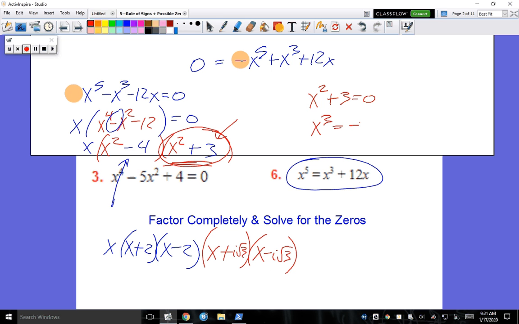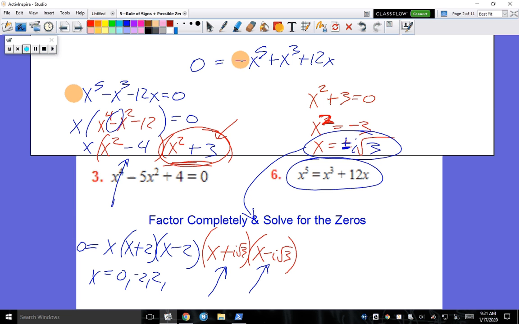Subtract the 3. Whoops, this should be a 2 right here because it's squared. And then get the plus or minus answer. What comes out? The i. What stays in? The 3. This is that negative answer, and this is that positive answer. Because these are the roots, those are the corresponding factors. And you would finally say this. X equals 0, negative 2, 2. And then plus or minus i root 3.